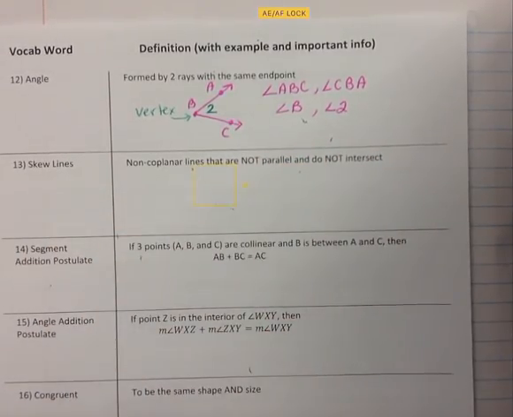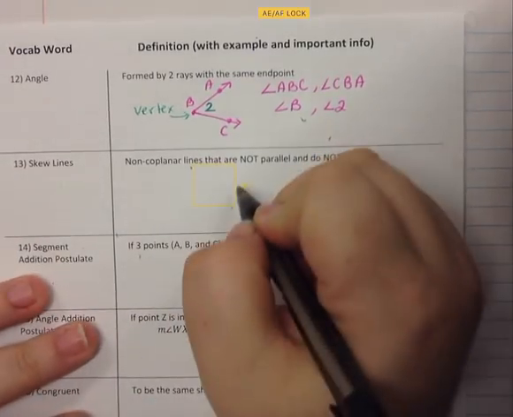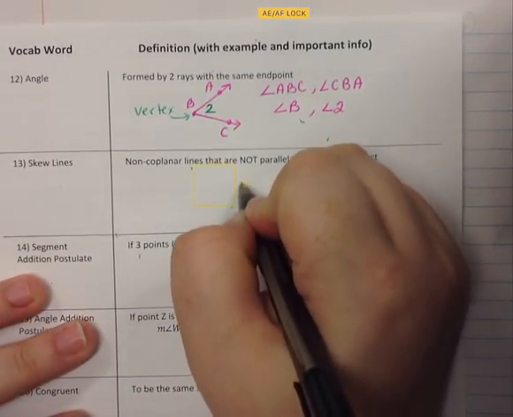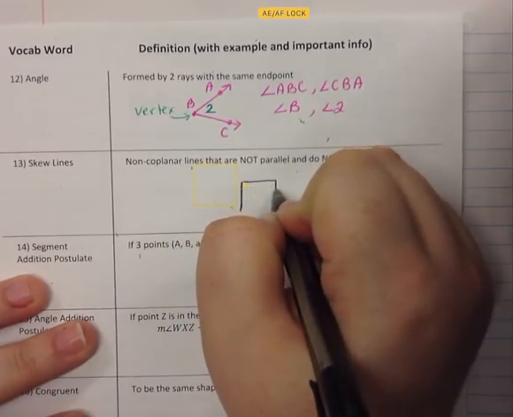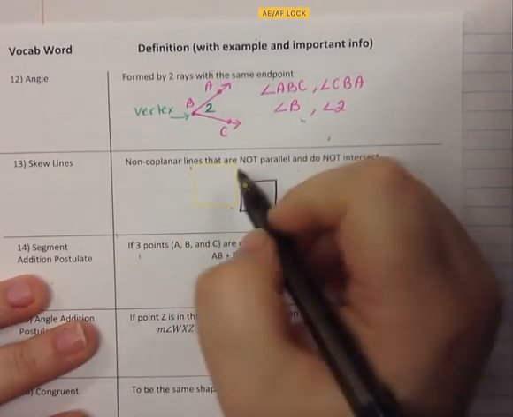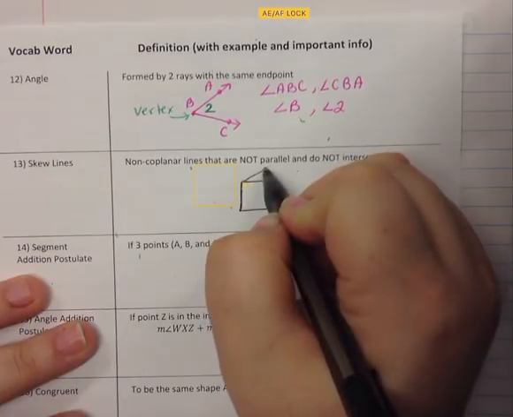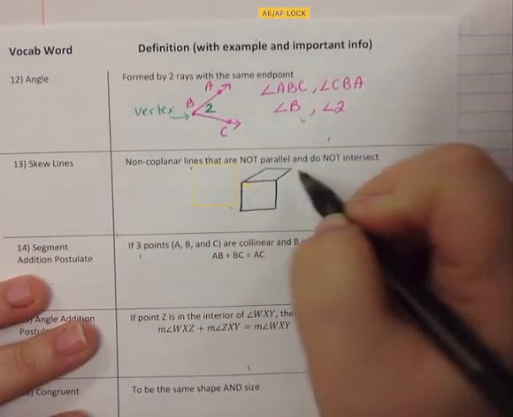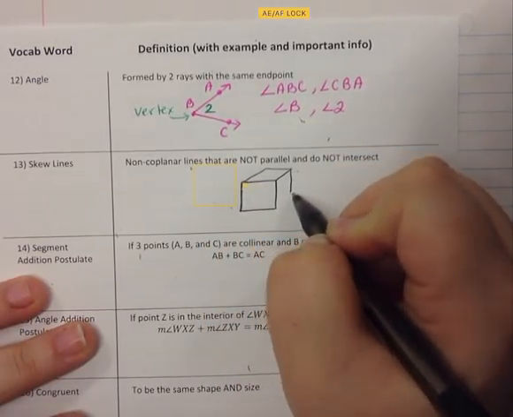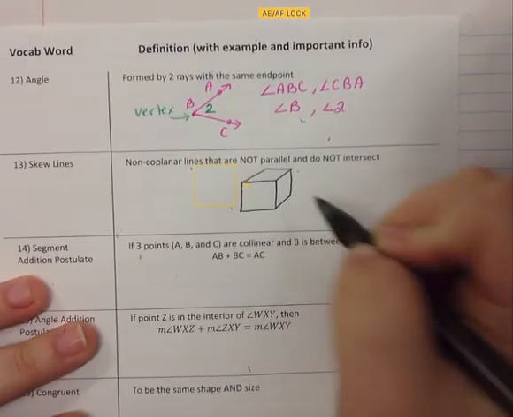The best way to see this is if we were to draw a cube. So I'm going to draw a cube. I'm going to draw a square. Then I'm going to draw the top part of the square or the cube. I'm going to draw it down. I'm going to connect these corners.